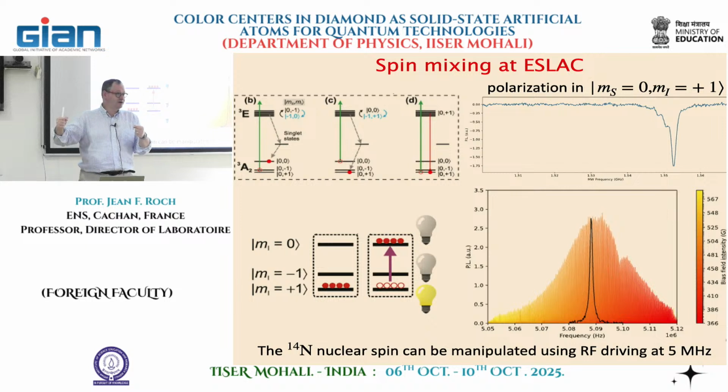So mi equals 0, or this one, for example, or mi plus 1, this will be linked to ms equals 0. And since it is ms equals 0, it's a bright state. So I know just by that if I have a strong luminescence, the nuclear spin is on ms equal plus 1.